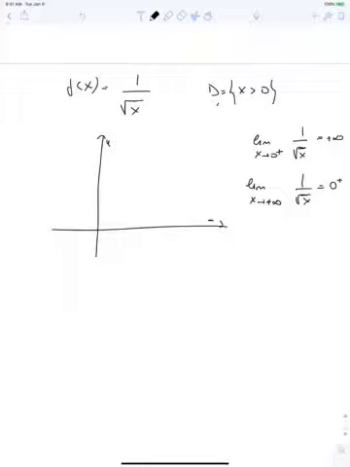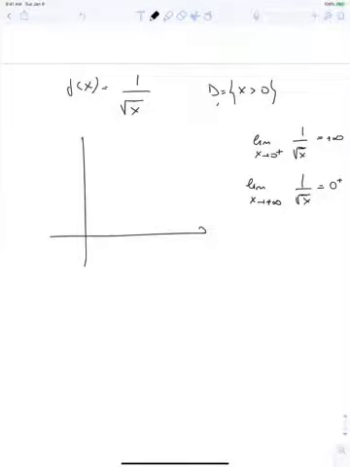So the function is more or less something like that. Well, actually, it drops down very quickly, and then it goes to 0. So this function here is decreasing in the entire domain.